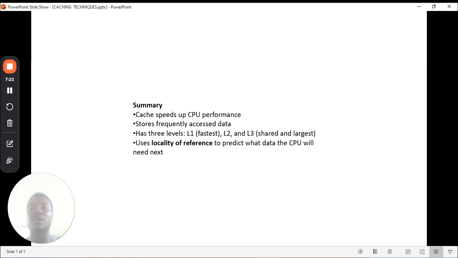So in our tutorial for today, what I want you to understand is that cache memory speeds up CPU performance, and it stores frequently accessed data.